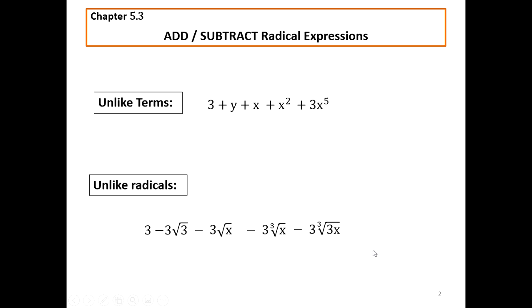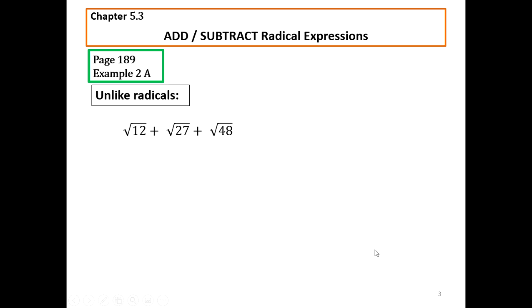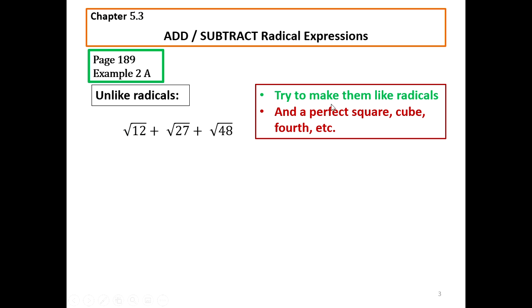Going on to the next. Unlike radicals, these are a little different. What we would try to do here is simplify them to possibly make them the same. So we're going to try to make them like radicals.